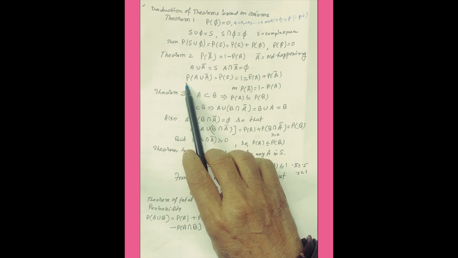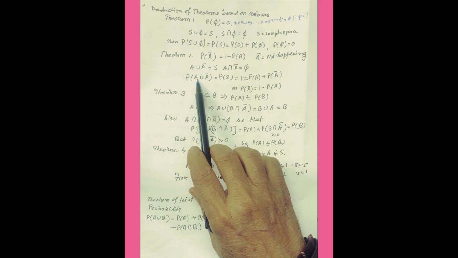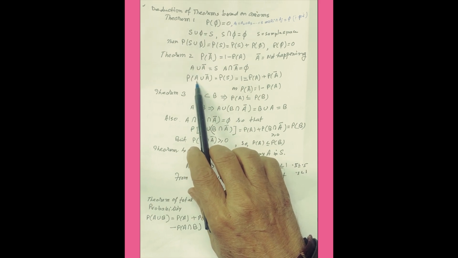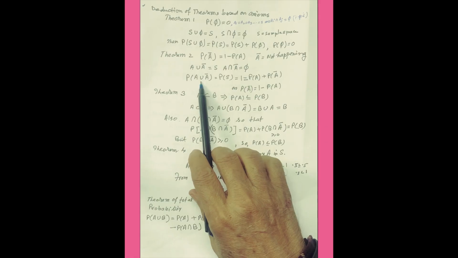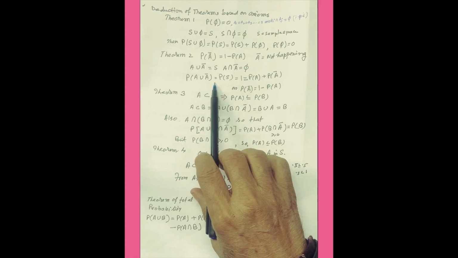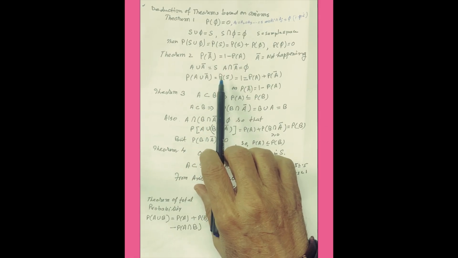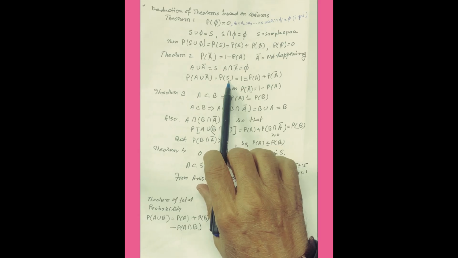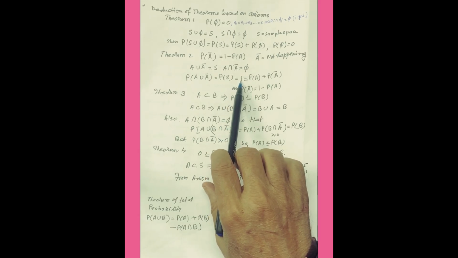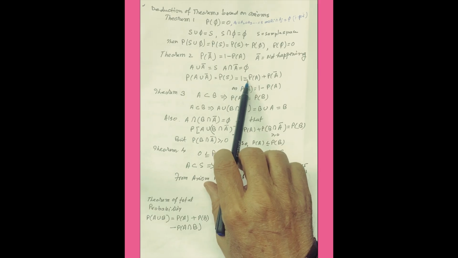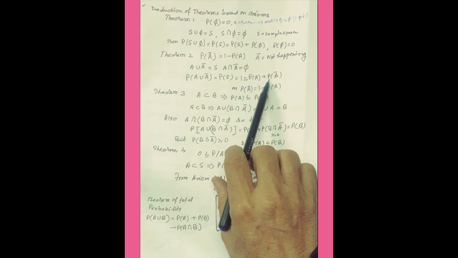So the probability of the event happening union the event not happening is equal to P(S), the probability of the sample space, which is equal to 1. So 1 is equal to P(A) plus P(A bar).